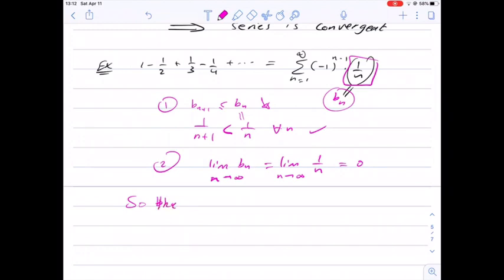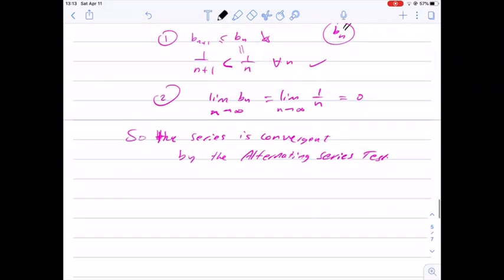So the series is convergent by the alternating series test. Another example, the series (-1)^n times 3n over 4n minus 1, n from 1 to infinity.